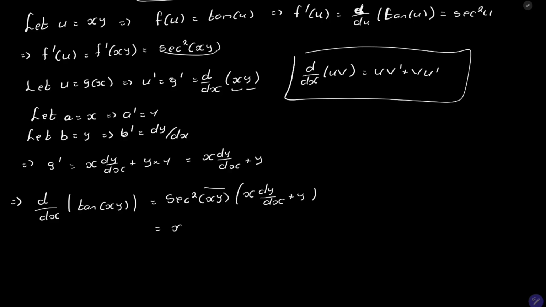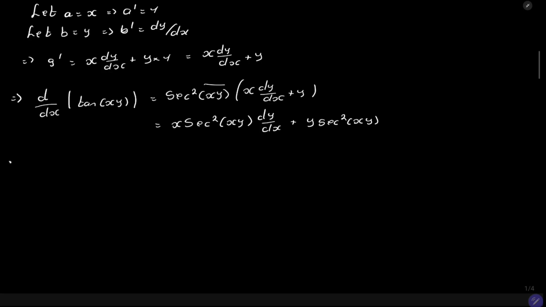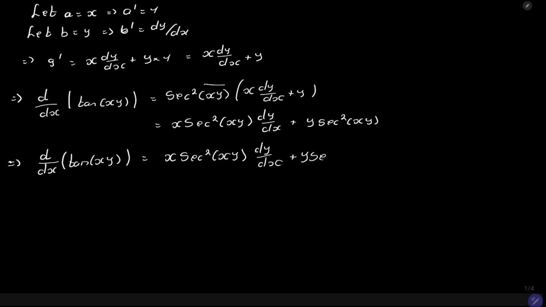Opening our brackets, we have x sec squared xy dy on dx plus y sec squared xy. So we can then conclude that the derivative with respect to x of the function tan of xy leaves us with x sec squared xy dy on dx plus y sec squared xy. We label this equation 1.